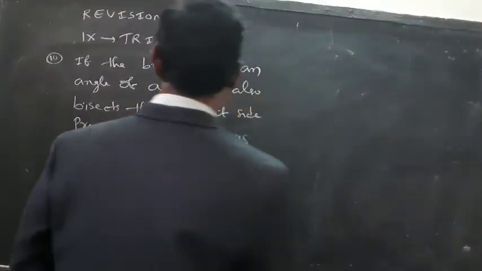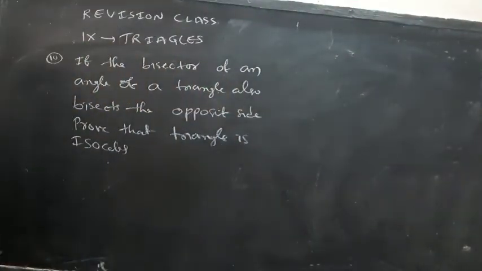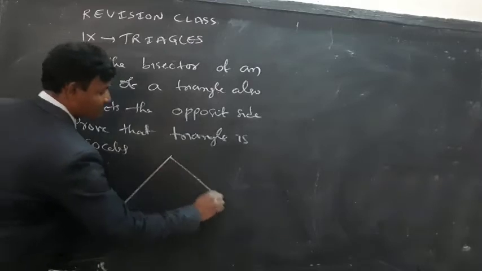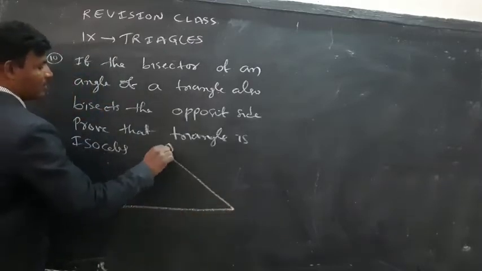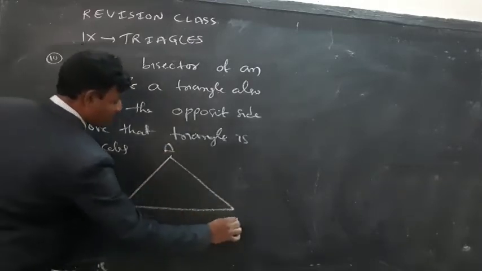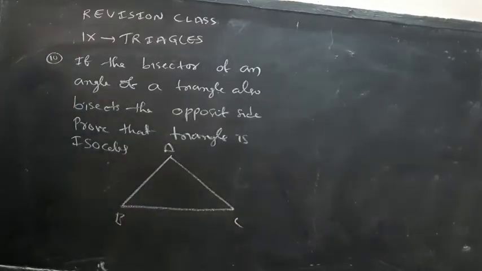So here is another question in class. If the bisector of an angle of a triangle, for example, here I took one triangle ABC, I need one angle bisector.